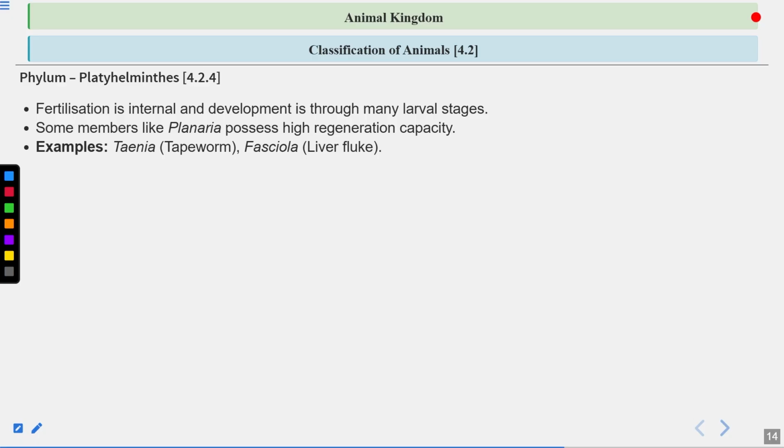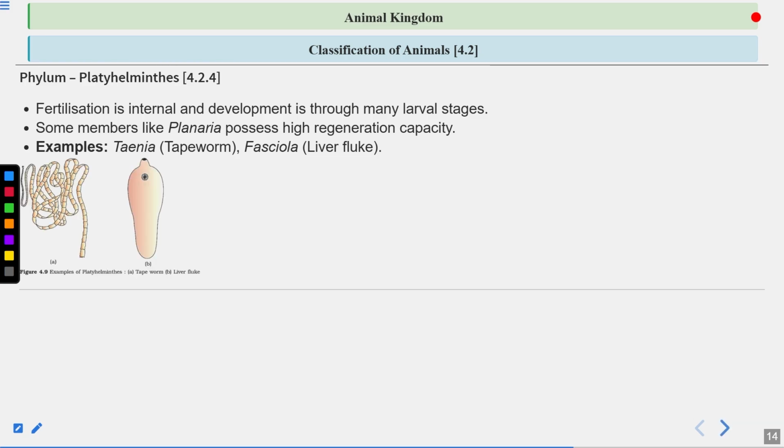If we talk about the examples, then it is Taenia solium, tapeworm, and Fasciola, liver fluke. Again, you must remember these two names: Taenia, tapeworm, Fasciola, liver fluke. Why? Match the column type of question.